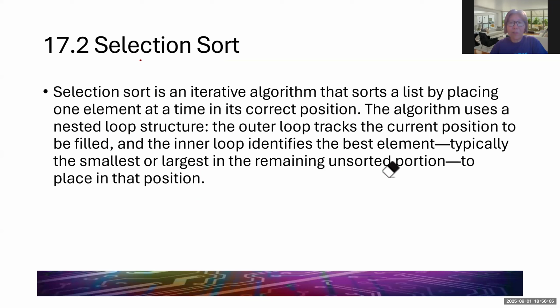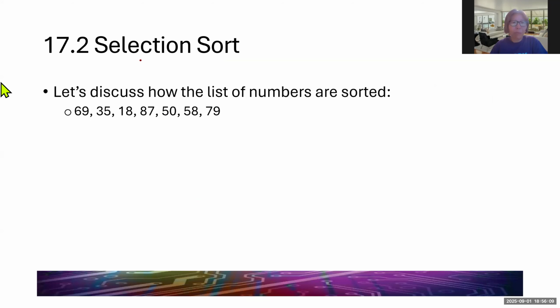So next, let's take a look at an example. Similarly, we still use that example. For selection sort, the idea is to find the best element to be filled one at a time. So the outer loop keeps track of the best location, one at a time.